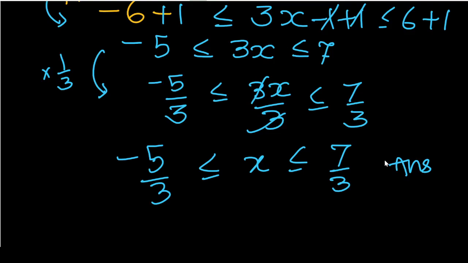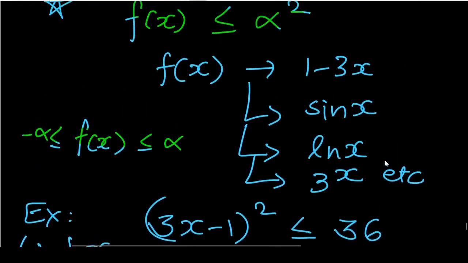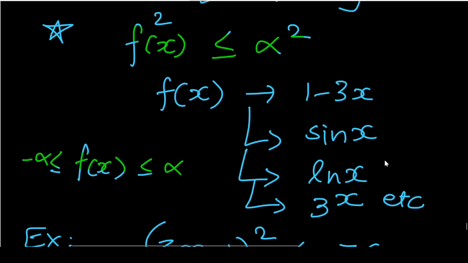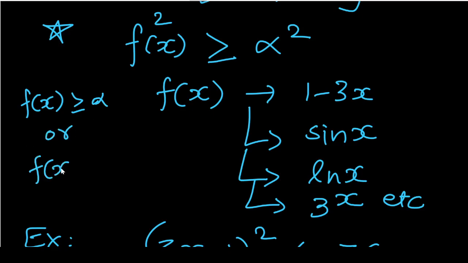Okay, so that way we can do it. In a similar way, guys, if instead of less than or equal to it is greater than or equal to, we can use f(x) greater than or equal to alpha or f(x) less than or equal to minus alpha, guys.